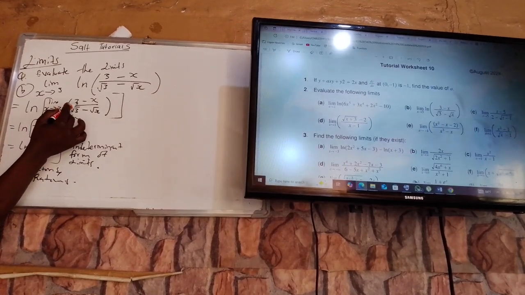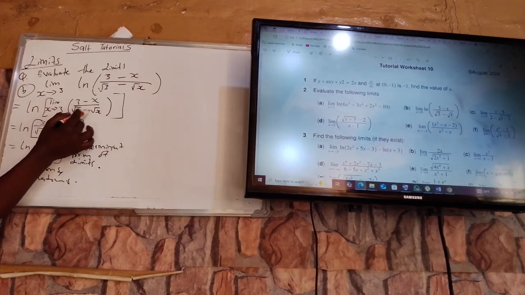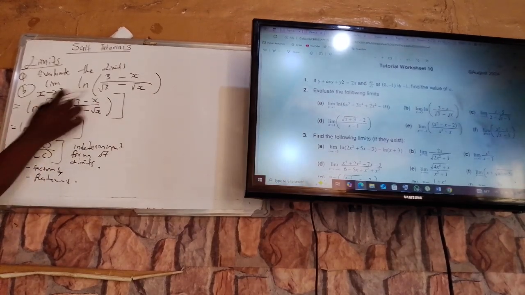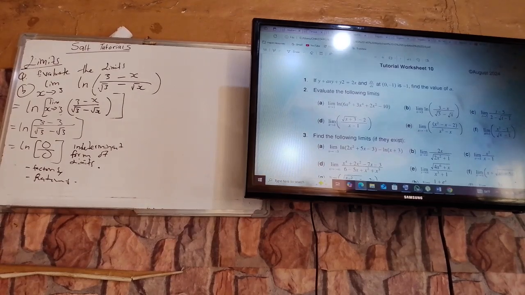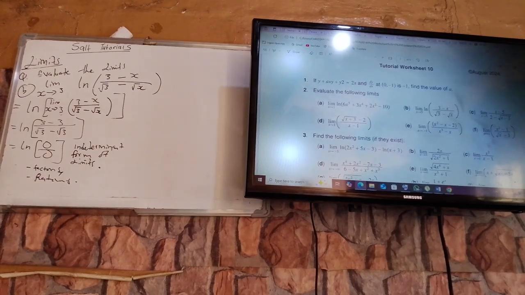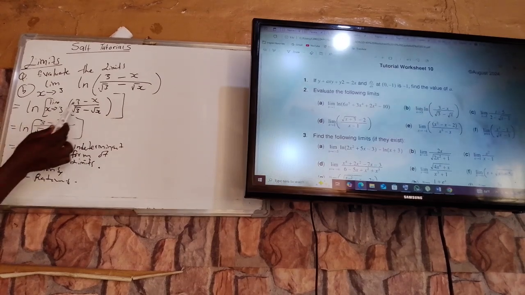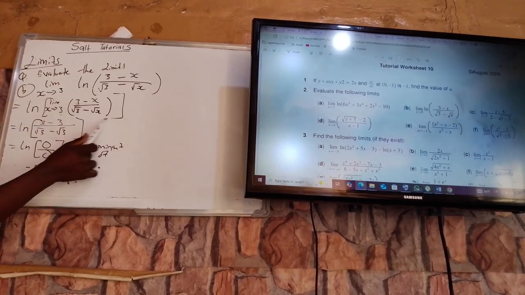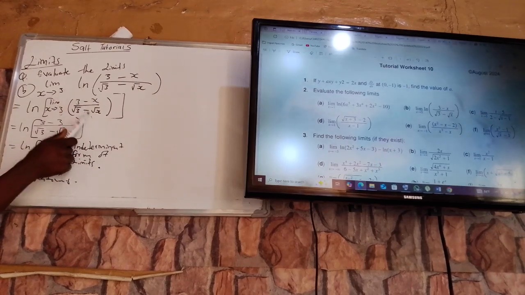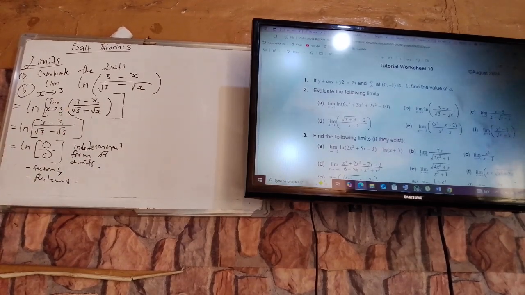So now we have a 3 minus x over root 3 minus root x. Simplifying this, what am I going to have? Either method you use, it will still be very much correct. Someone would decide to rationalize the denominator, someone would decide to use the concept of difference of two squares.